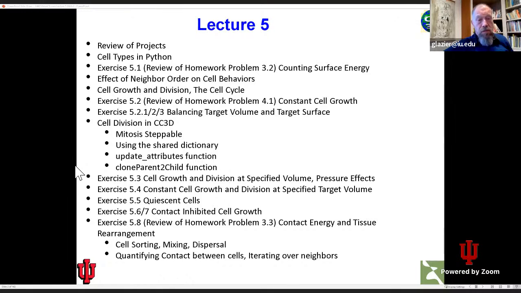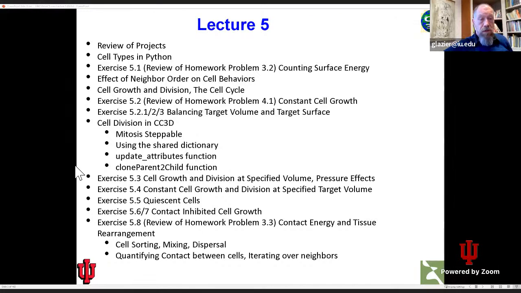I'll apologize a little bit in advance because I originally was going to spend most of this lecture on doing the cell sorting exercise, because when I graded that, I noticed that some people were a little confused about a few things. So I did quite a bit of work on that, but then I thought it would be more useful really to focus on getting us through cell division. And so we'll see how much time we have at the end to do the cell sorting exercise.